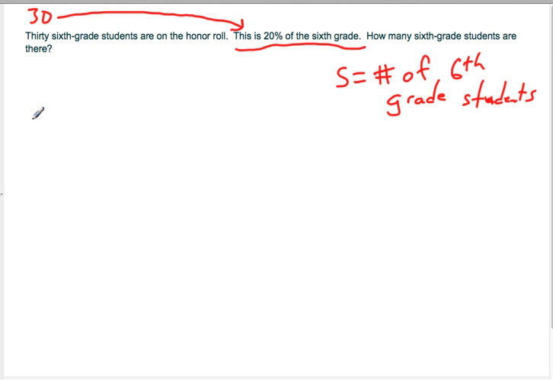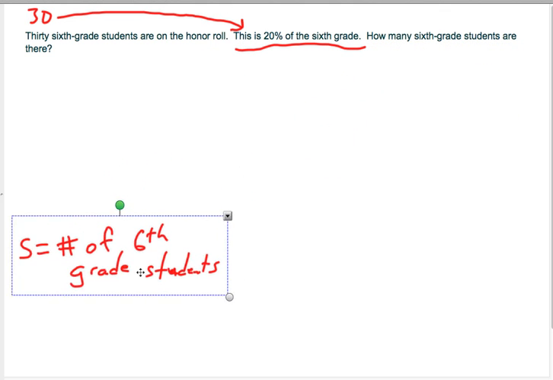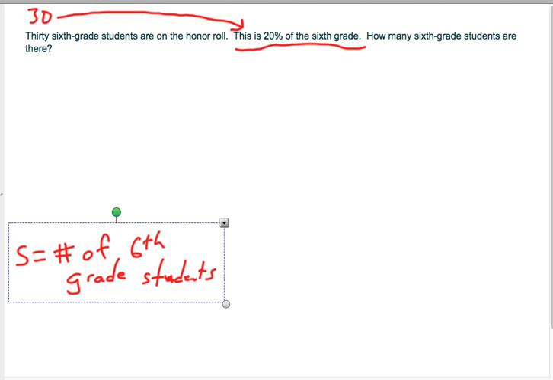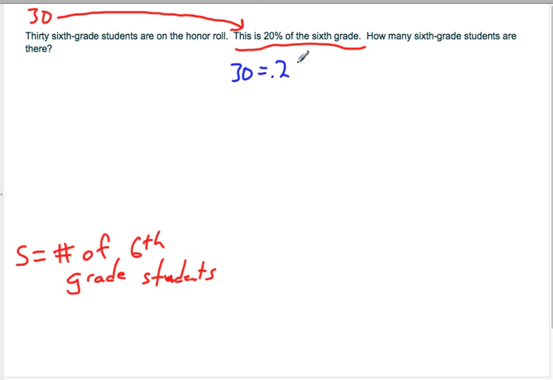This, meaning 30, is 20%, that's 0.2, of, multiplication, 6th grade. Okay, so we have 30 equals 0.2S.